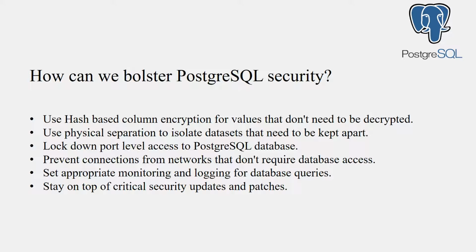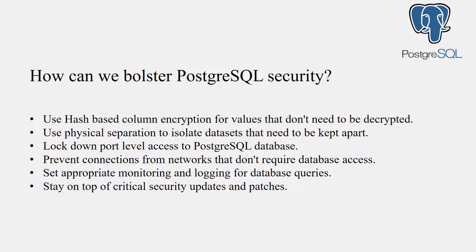Let us now see how we can secure PostgreSQL's implementation from cyber attackers. Use hash-based column encryption for values that don't need to be decrypted. Encryption methods such as AES can be decrypted, while hash-based encryption methods such as MD5 are one-way. They cannot be decrypted easily.